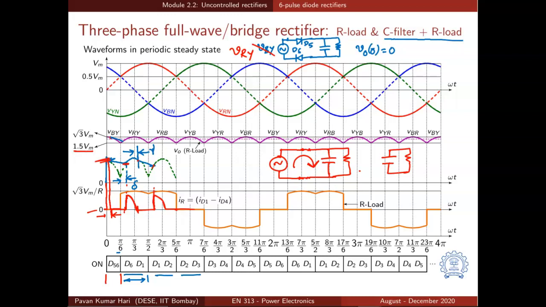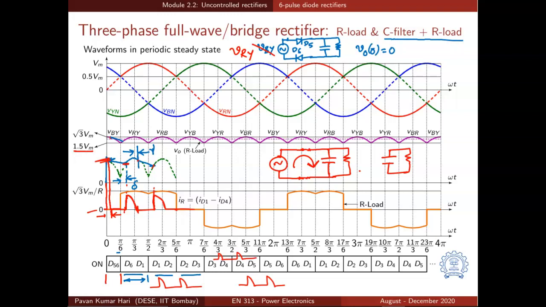For example, if you look at the current through D2, it would be having some kind of pulse here and another pulse here. And if you look at the current in D5, the current through D5 would be having pulses in these two intervals. And D4 would be having pulses in these two intervals. For example, D4 can conduct here and it can also conduct here.